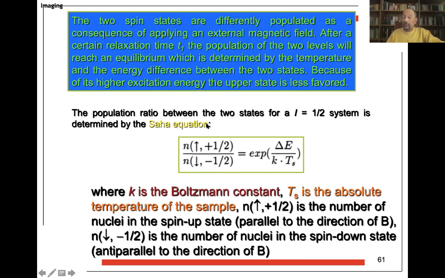So the population ratio is given by what is called the Saha equation, which gives a typical equilibrium equation. So this is how they are populated, where K is the Boltzmann constant, T is the temperature, and N up is the number of nuclei in the spin up, and N down is the number of nuclei in the spin down. So these are parallel to B, and these are anti-parallel to B.